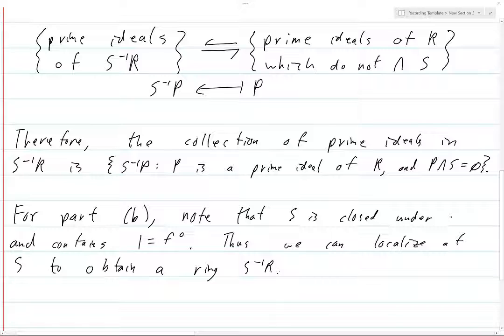And I think there's a technical detail of whether this S needs to include 1 in order for this to be localization. I think I've seen different definitions. It's not blatantly obvious whether or not S should include 1, but I think in general it's safe to assume that S includes 1.